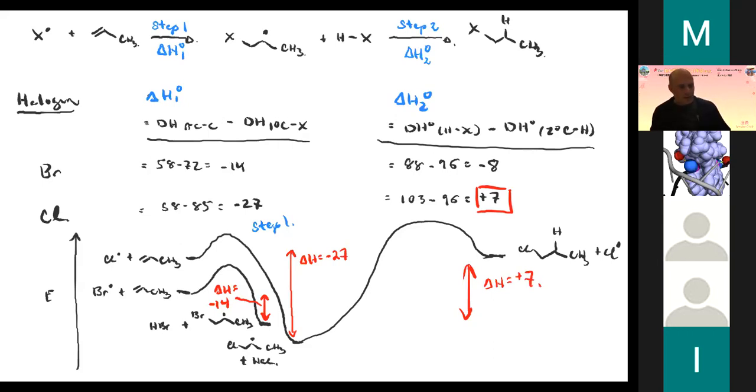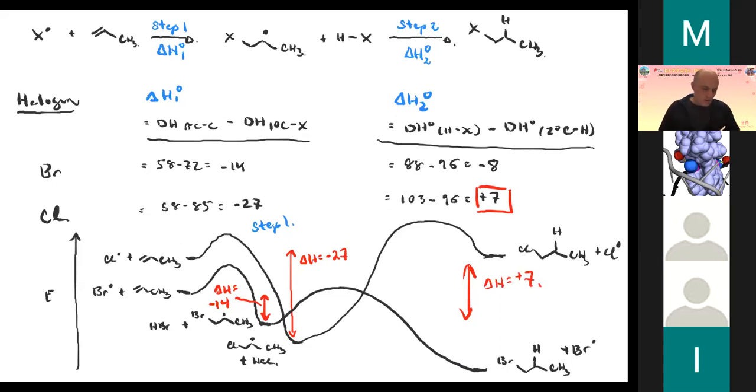If I look at the situation for bromide, it's going down to something like this. So it gives me the alkyl bromide plus regenerates Br dot, and then this delta H is minus 8.